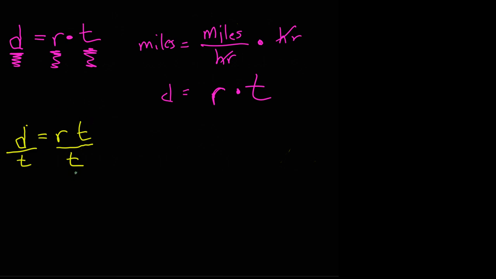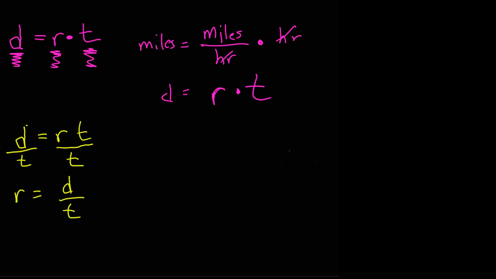These will cancel each other out, and that gives me R equals D over T. My distance divided by time is my speed. And so that's two ways we can write this one equation.